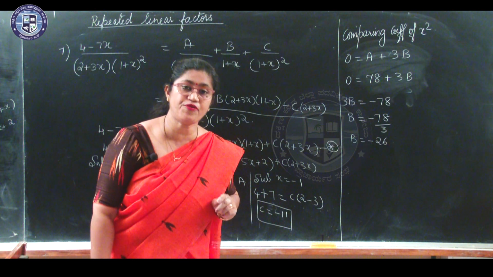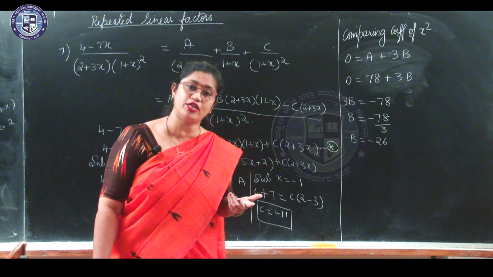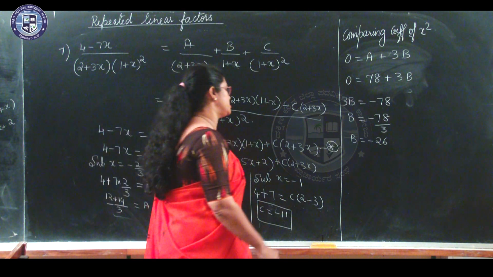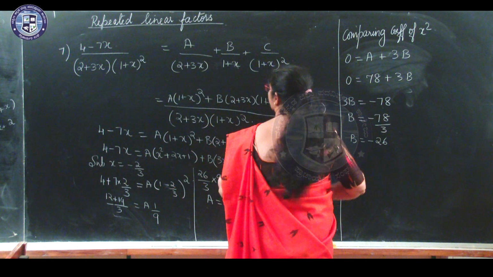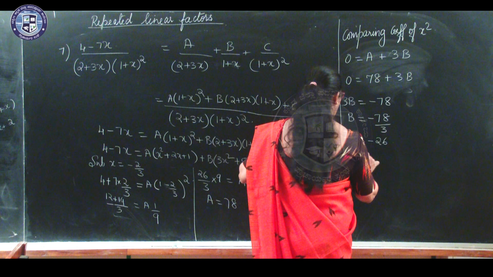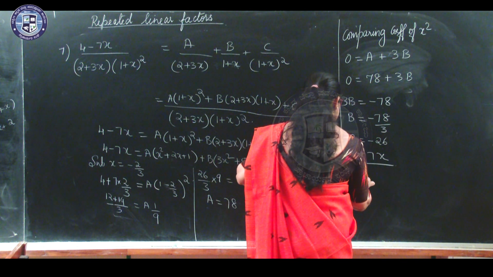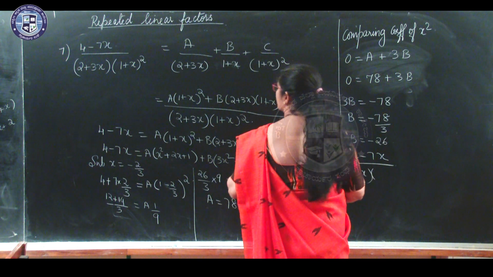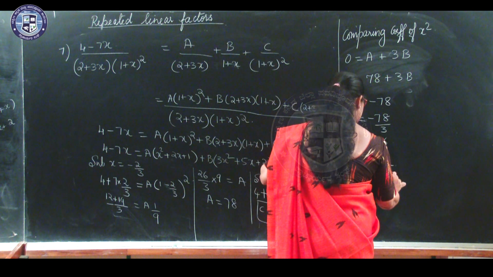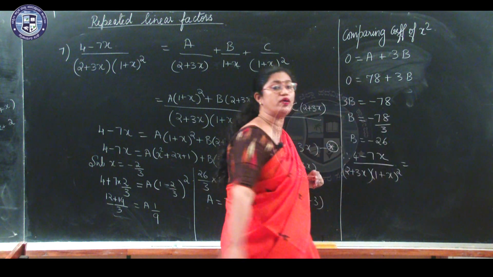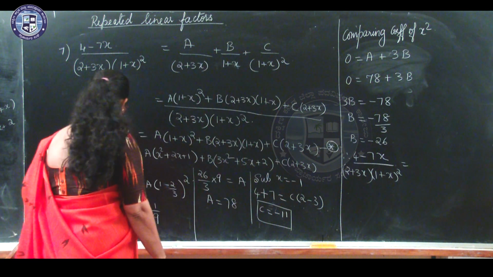You got the value of A, you got the value of B, you got the value of C. Write the final answer. Therefore, 4 minus 7x by 2 plus 3x into 1 plus x the whole square is equal to, what is A?